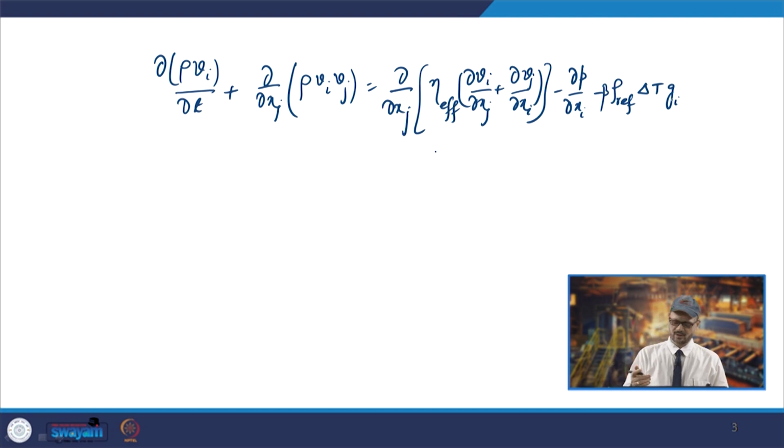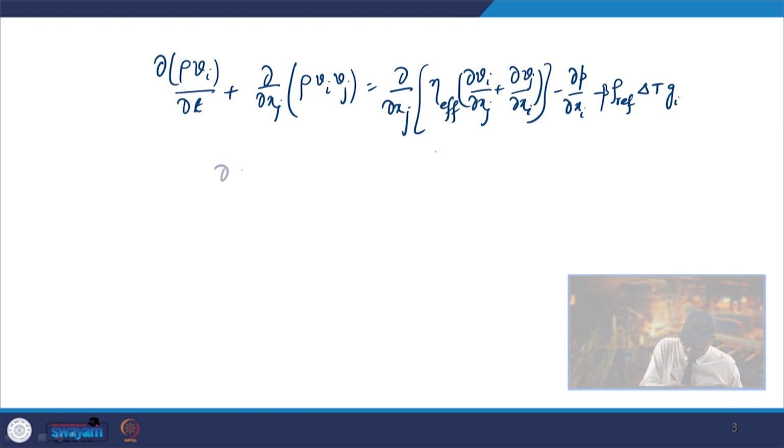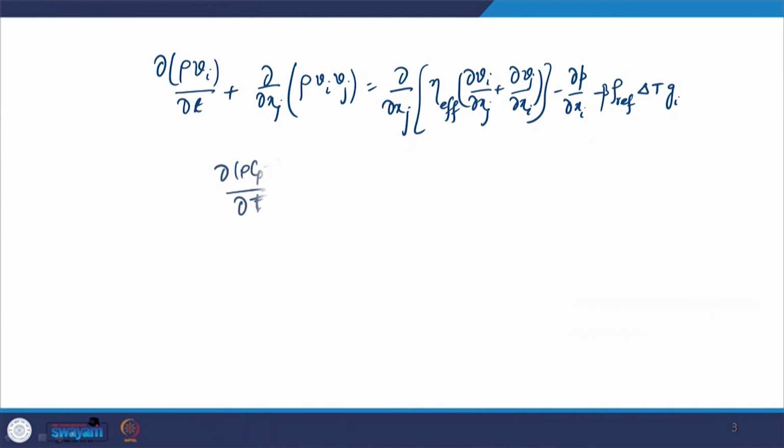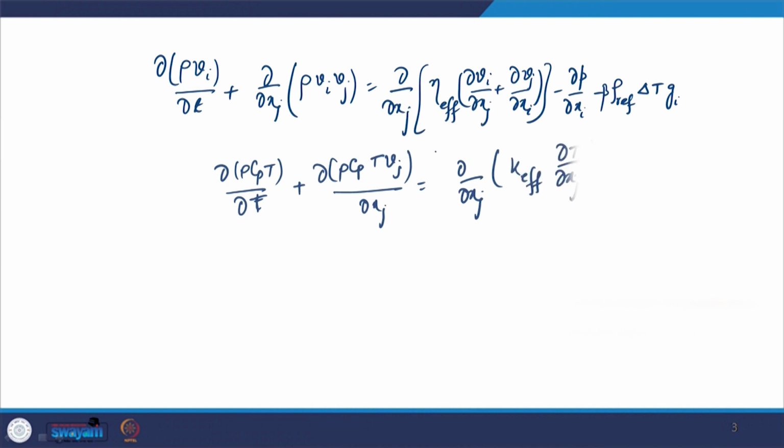Now, if you write this equation for the temperature, for the conservation of thermal energy, your equation will become ∂(ρ Cp T)/∂t, and then you will have ∂(ρ Cp T v_j)/∂x_j, that is your convective term.